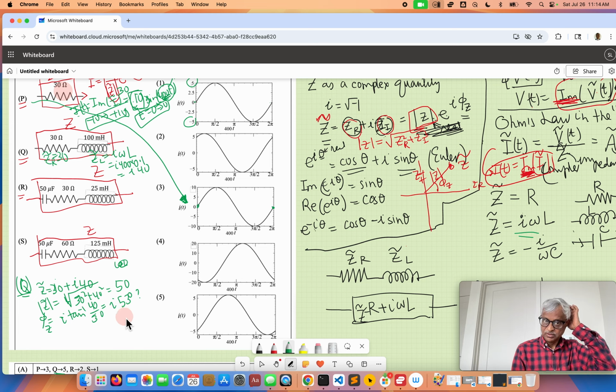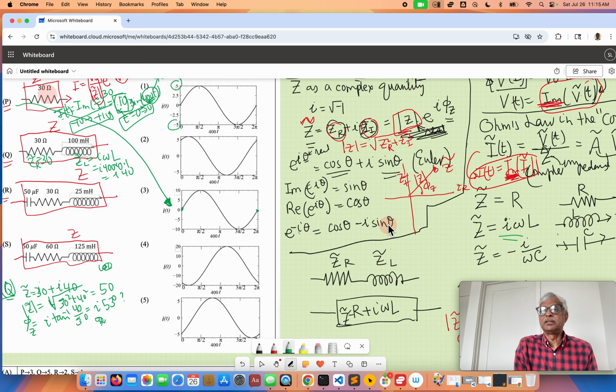So it will be a little more than a quarter cycle, right? 1/8 of a cycle. I mean, 180 will be half the cycle, 90 will be a quarter cycle, so 40 degrees will be about 1/8 of a cycle.